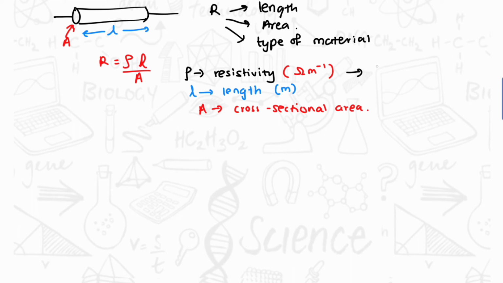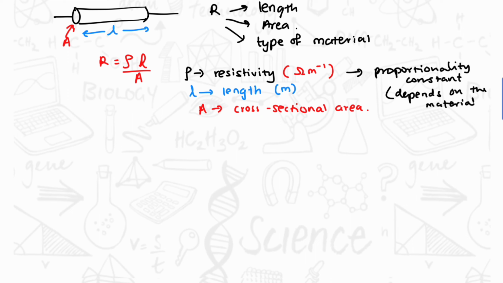Here, rho is a proportionality constant, and it depends on the material. And the units of resistance is ohms.